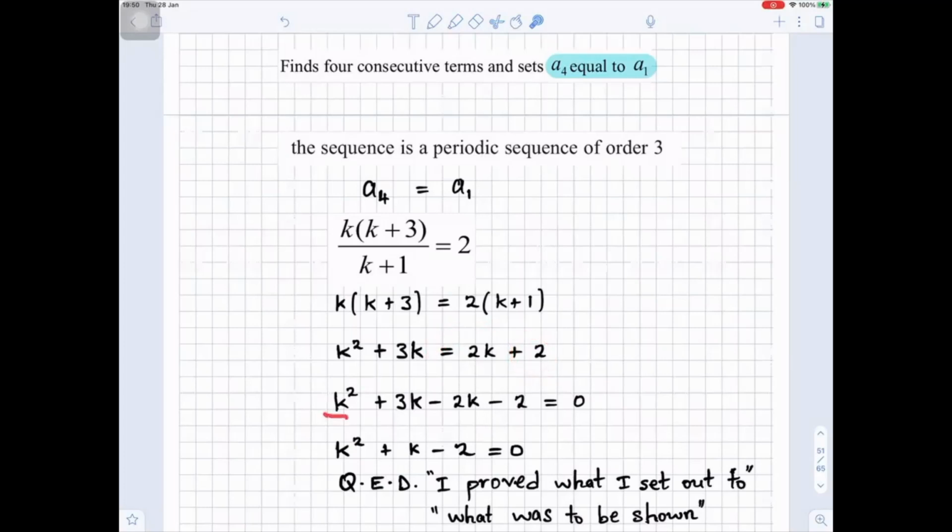So you get k squared plus 3k minus 2k minus 2 equals 0. 3k minus 2k would give you k. So you got k squared plus k minus 2 equals 0. So QED, I proved what I set out to, what was to be shown. That's what QED means.